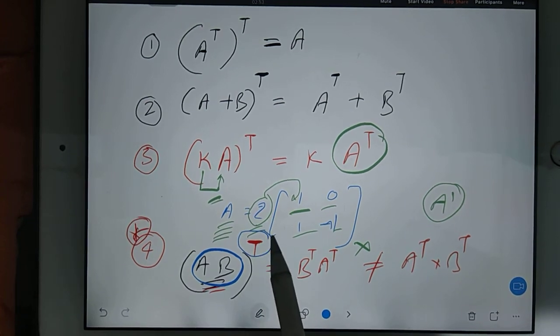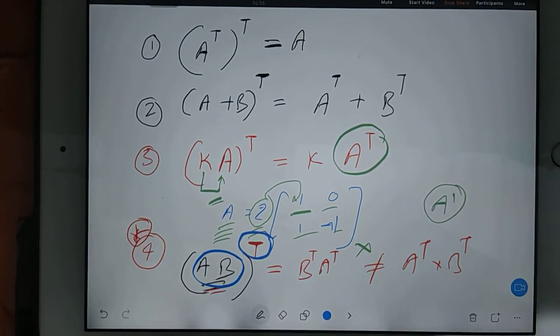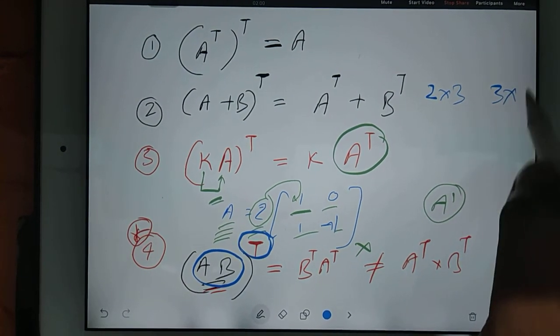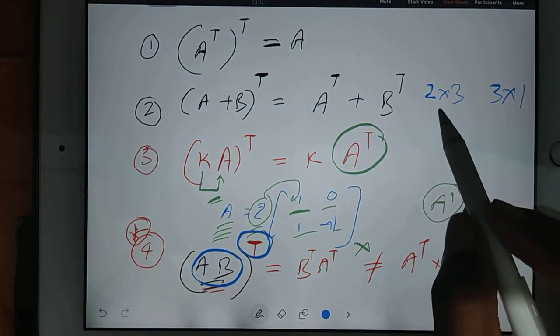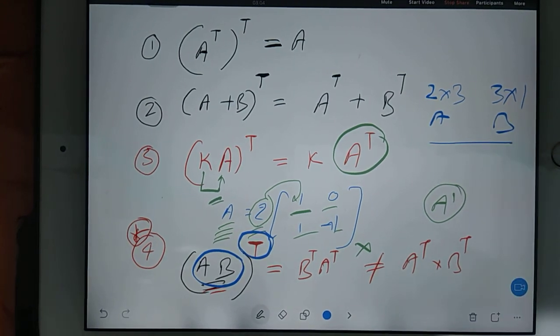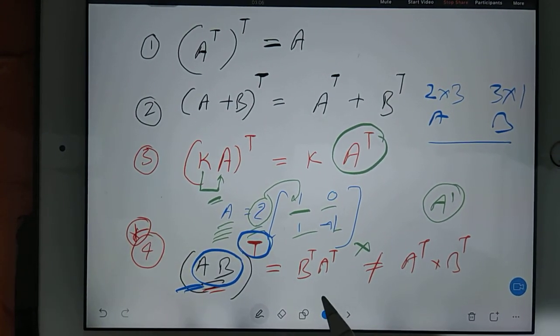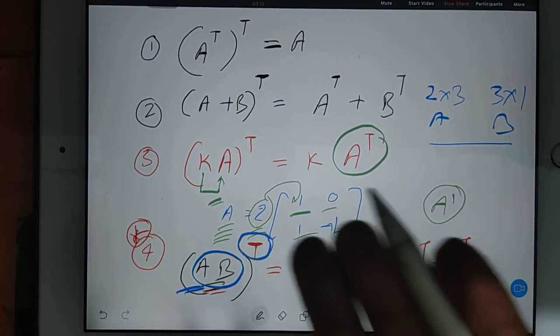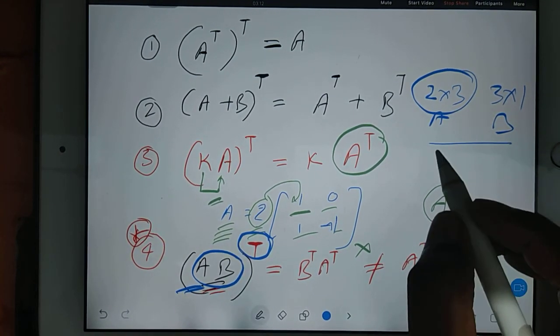My point is, if you are multiplying 2 matrices and taking the transpose, the order will get changed. Suppose a 2 cross 3 matrix A is there and a 3 cross 1 matrix B is there. So AB will exist. But when you take the transpose, the orders get reversed.